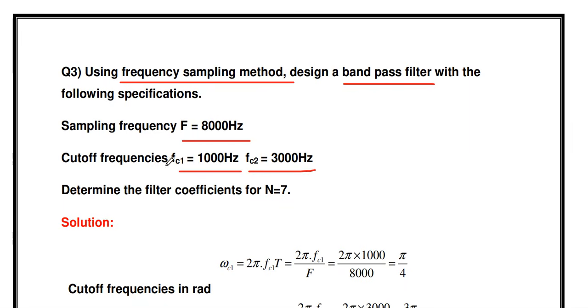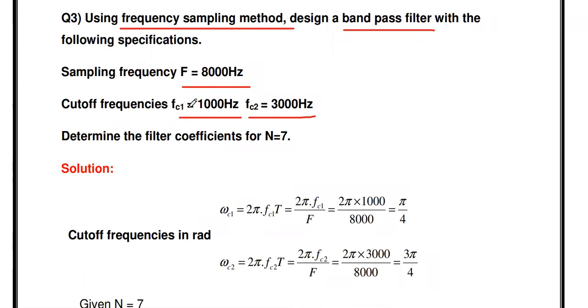Here the cutoff frequencies are given in hertz, but we want the cutoff frequency in radians. So first we have to convert the lower and upper cutoff frequencies FC1 and FC2 into the corresponding digital radian frequency.